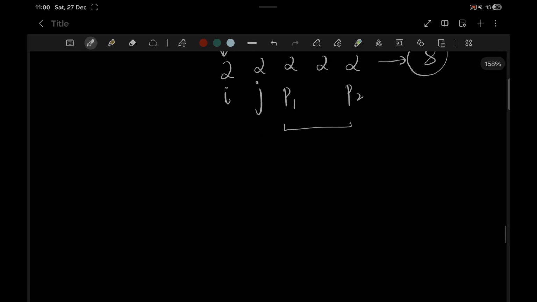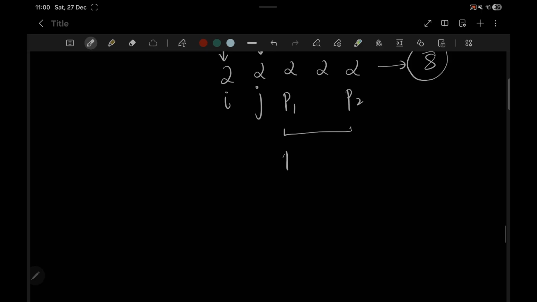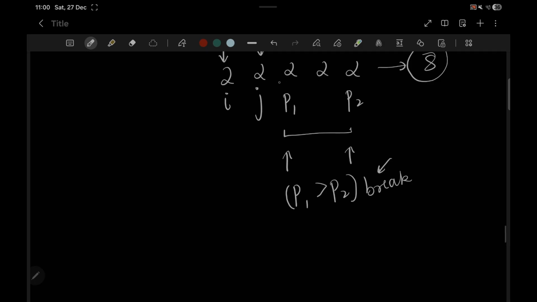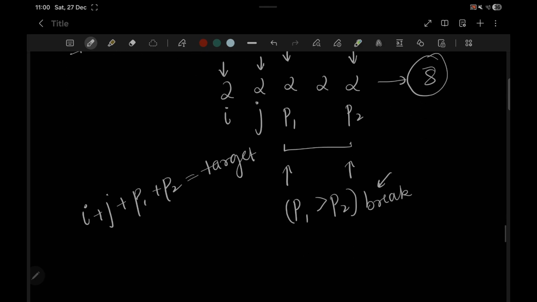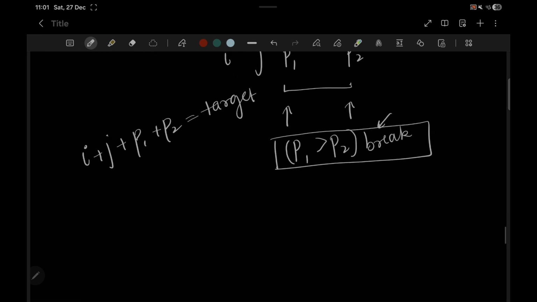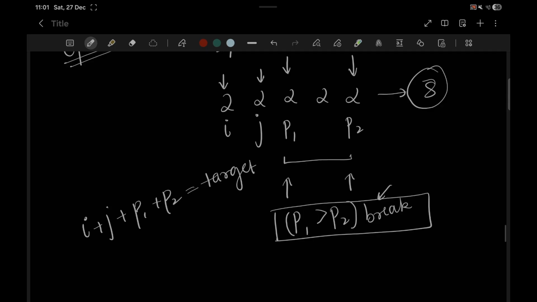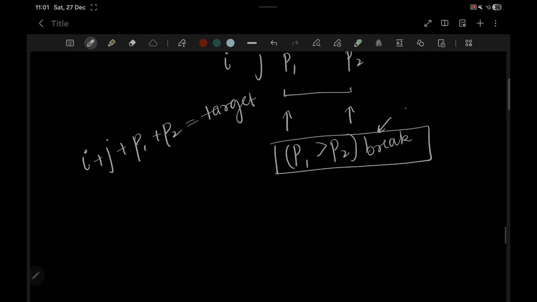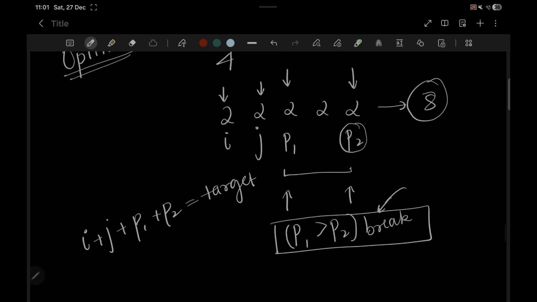By which I mean that it would slide over, looking from the front and back of this array, till a position where p1 becomes greater than p2, then it is going to break. But till that condition is not satisfied, it is going to find all the numbers in which i plus j plus p1 plus p2 equals target.